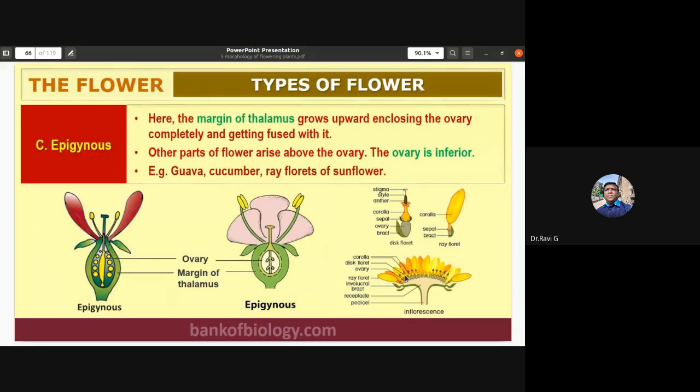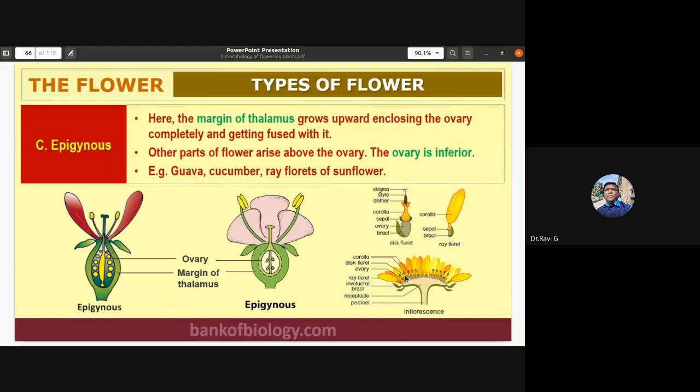Then in epigynous flower, as the name indicates, epi means above, gynous means gynoecium, above the gynoecium. So here the margin of thalamus grows upwards and encloses the ovary completely and gets fused with it. So other parts of the flower arise above the ovary. The ovary is inferior in position.